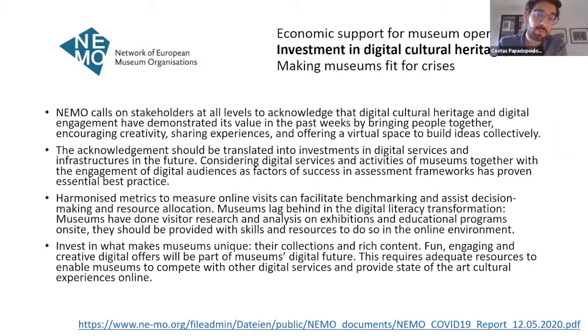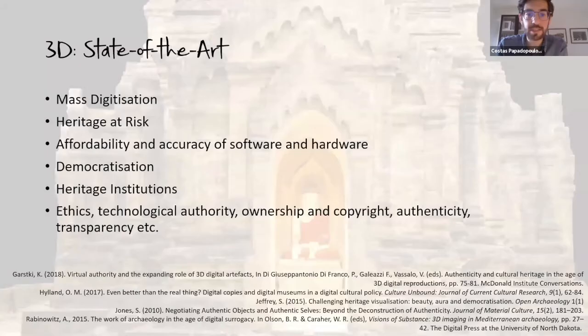There have been reports that ask for investment in digital cultural heritage. One was published a month ago from the Network of European Museum Organizations, which called for more investment in digital heritage, including both digital services as well as engaging digital experiences.